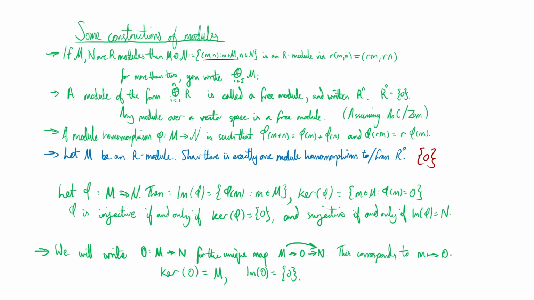So, we define an image and a kernel in exactly the same way, and we have an injective homomorphism if and only if. That's another way of saying equivalence. That's the same thing as this, but this is quicker.